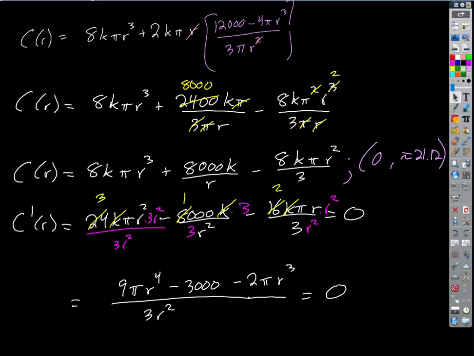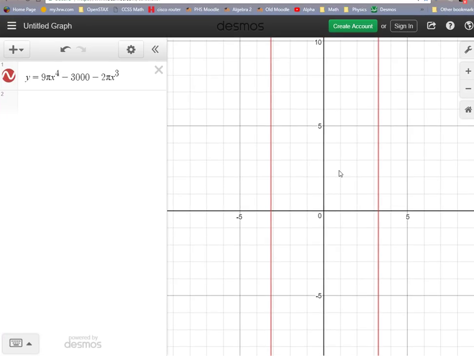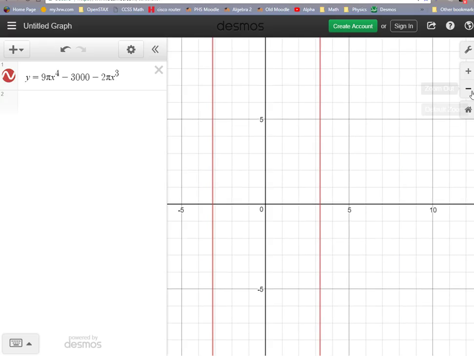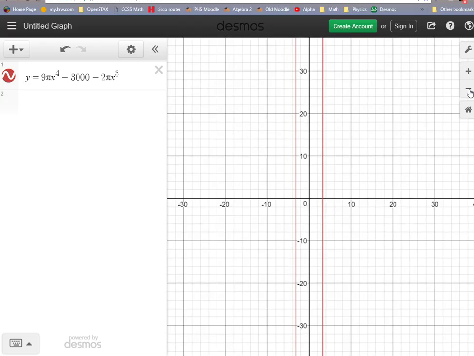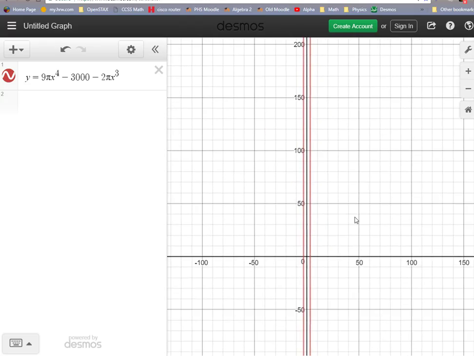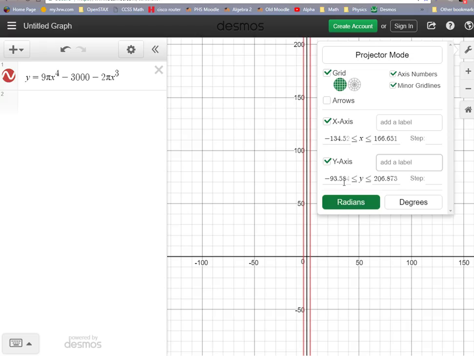Oh, there we go. Okay, so this is what we get if we graph that thing. Obviously it's a really tall function. So if we zoom out a bunch, I want to make this look a little better.